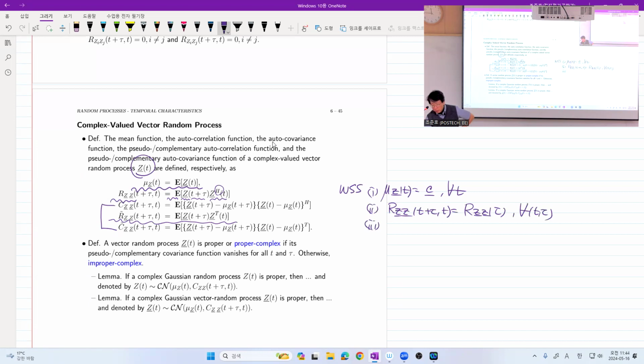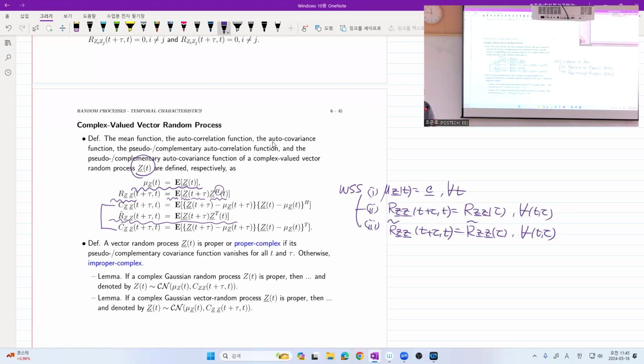And what else? The complementary autocorrelation, so I put a tilde here, is also a function of the time difference. Then we have wide-sense stationarity of a complex vector-valued random process. Interestingly, you can easily show from this definition that any two elements, two entries of Z, are jointly wide-sense stationary complex random processes. Pairwise wide-sense stationarity you have.